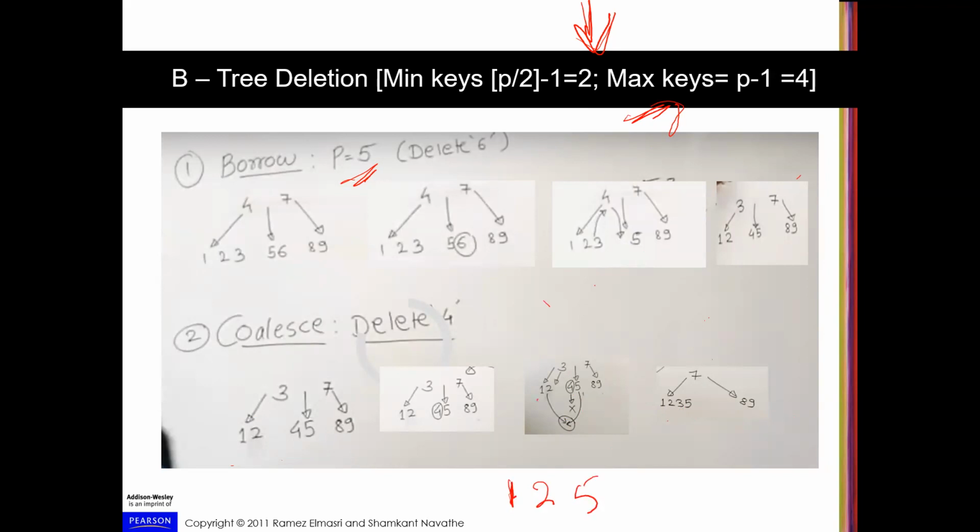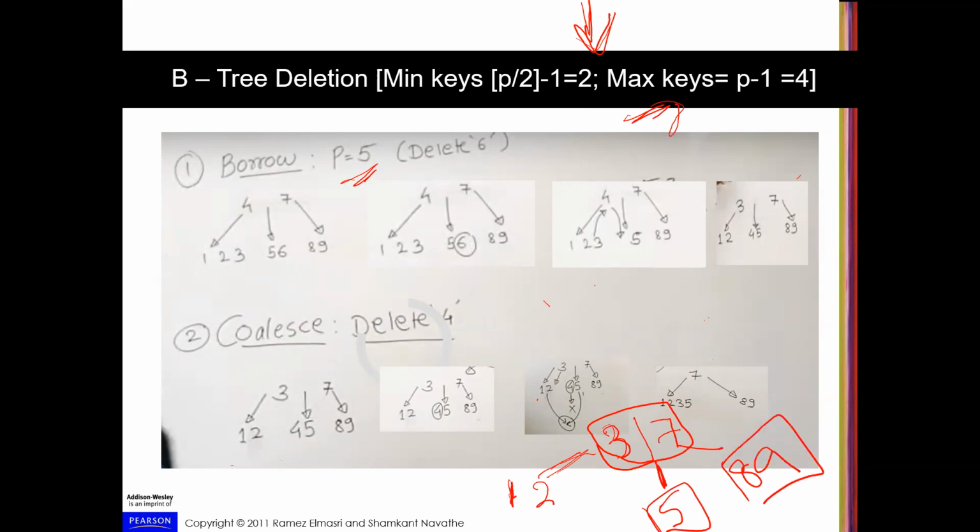So the root is going to be 3 and 7. This is going to be the right side child, and this 5 will be the middle child, and 8 and 9 is our right child.